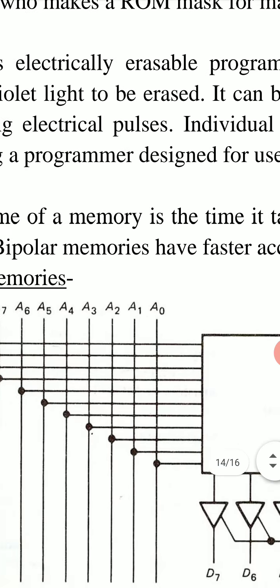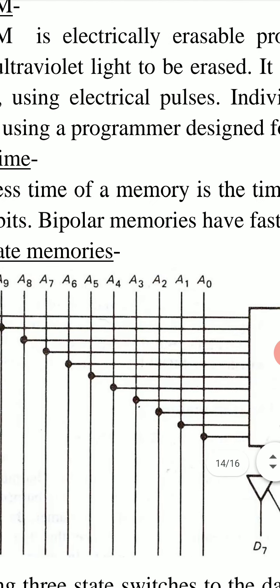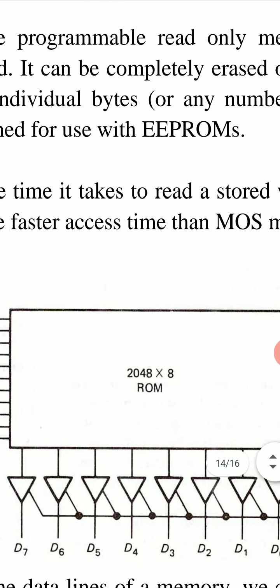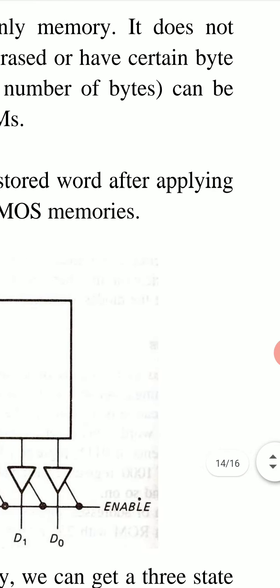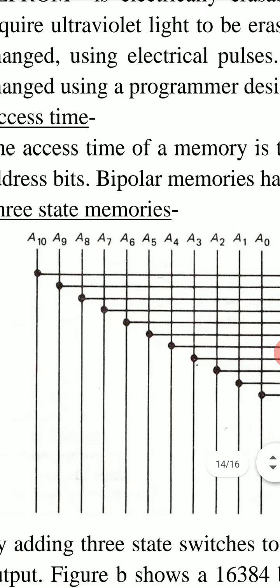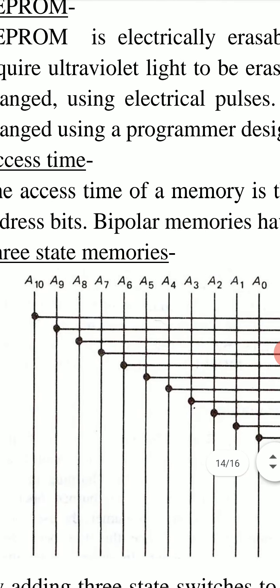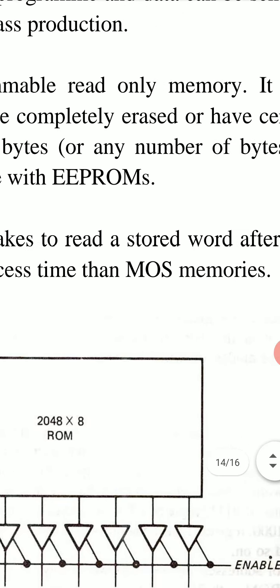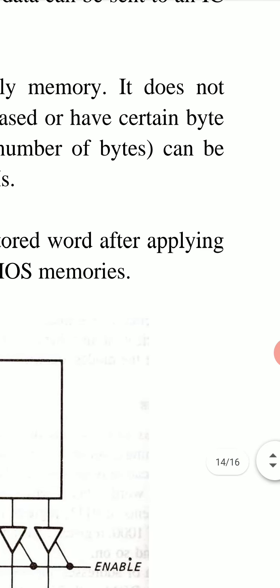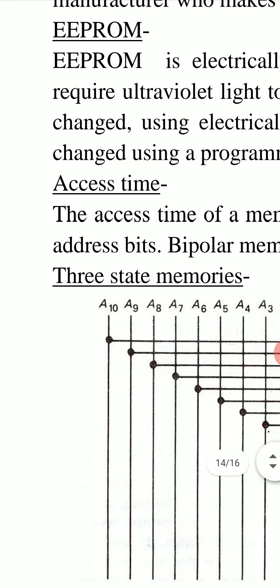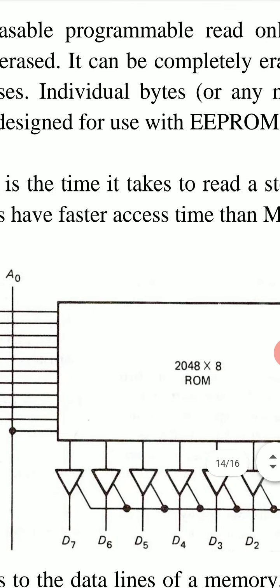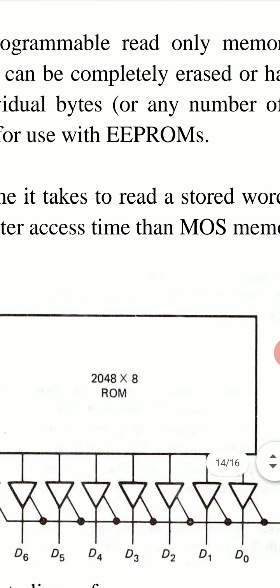It does not require ultraviolet light to be erased. It can be completely erased or have certain bytes changed using electrical pulses. Individual bytes or any number of bytes can be changed using a programmer designed for use with EEPROMs.